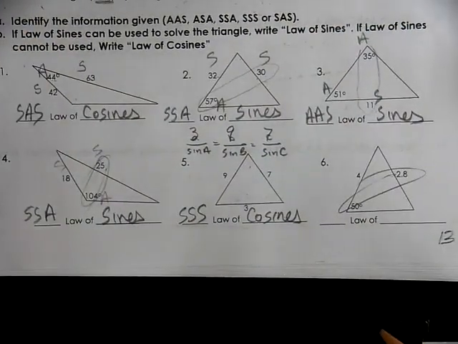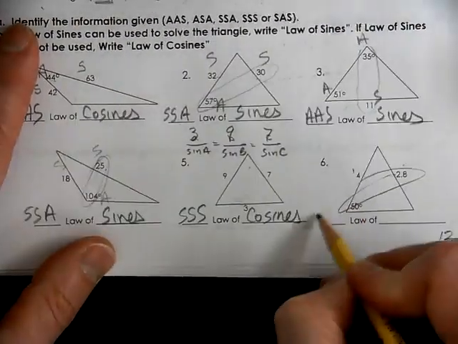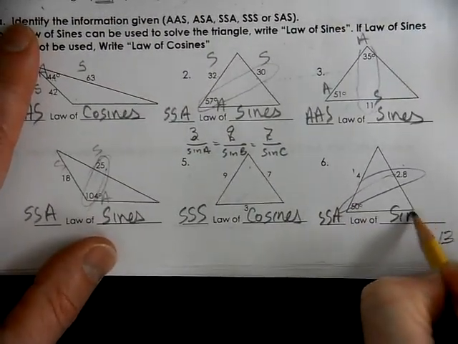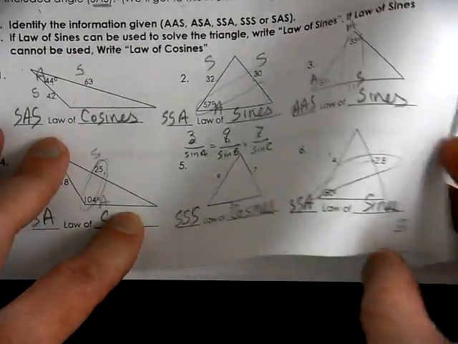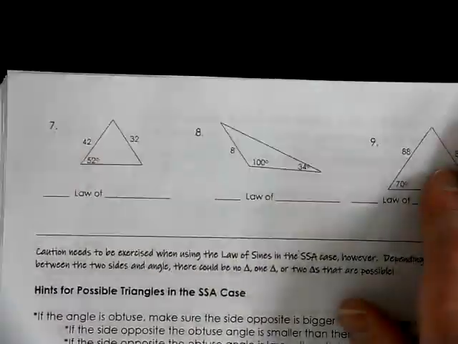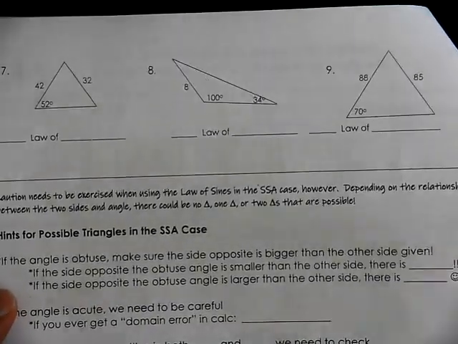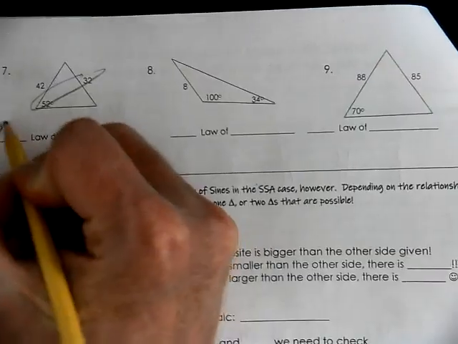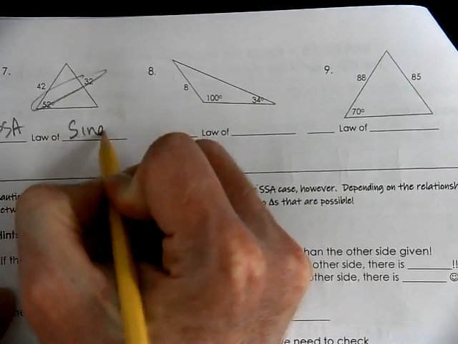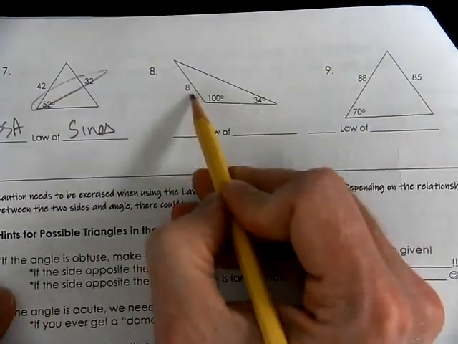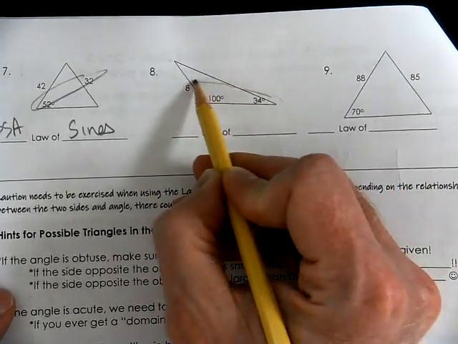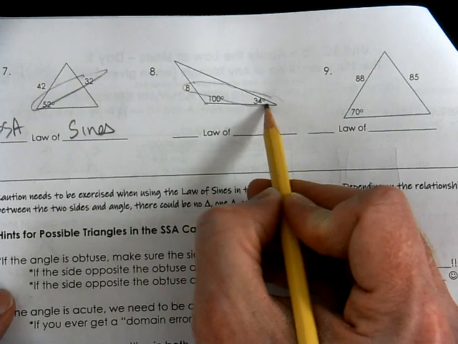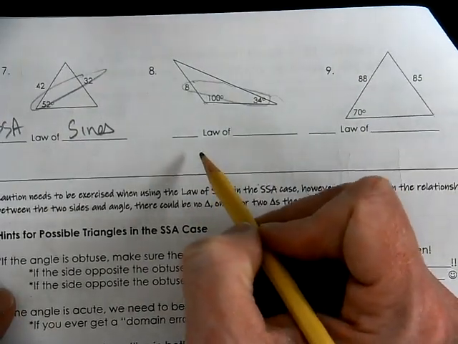Here's an angle and the opposite side, SSA. So we can use law of sines. Flipping this over, same idea. SSA, we can use law of sines. We have two angles, but the most important part is that I have an angle and its corresponding opposite side.